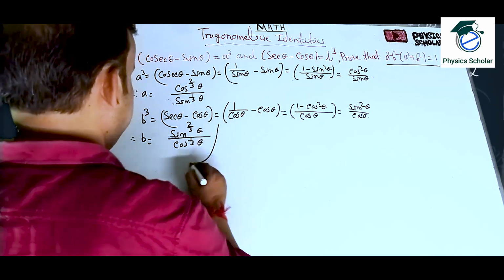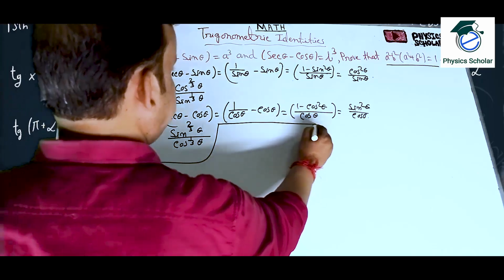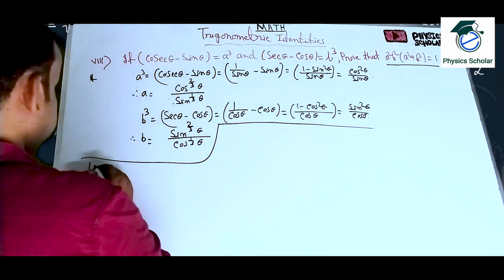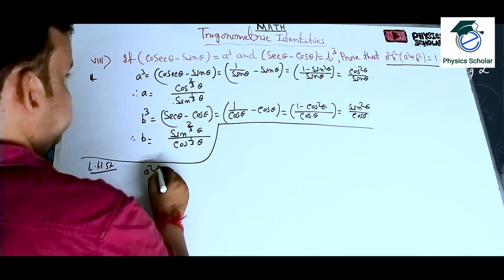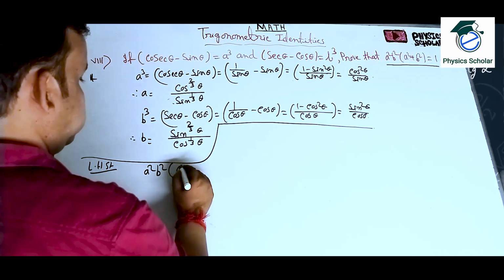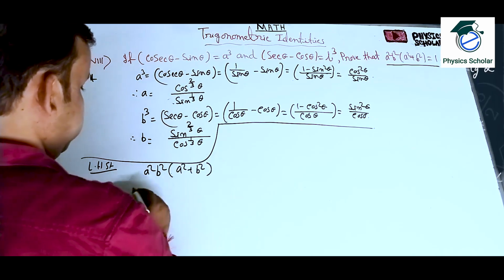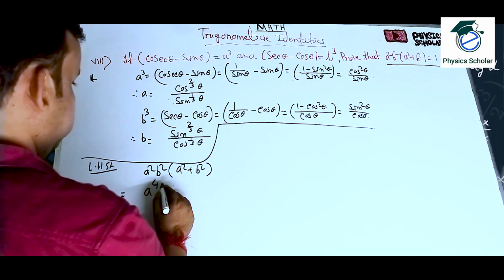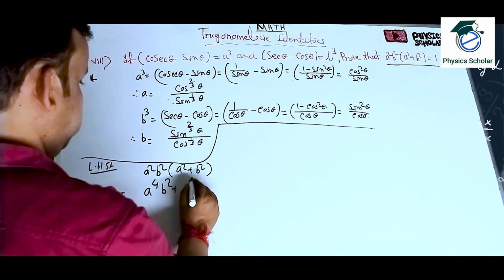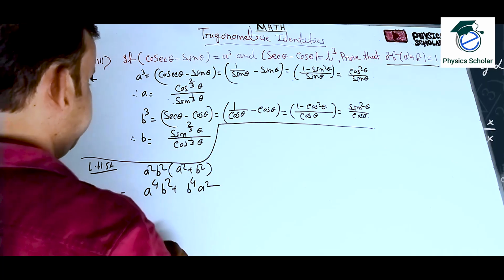Now we have to write what? Left hand side: a² b² (a² + b²) is equal to what we can write? a⁴ b² + b⁴ a².